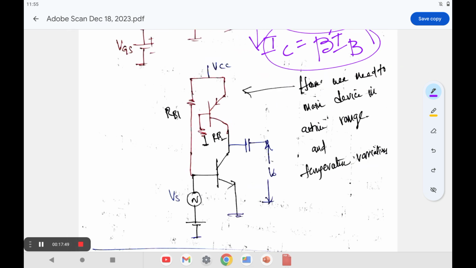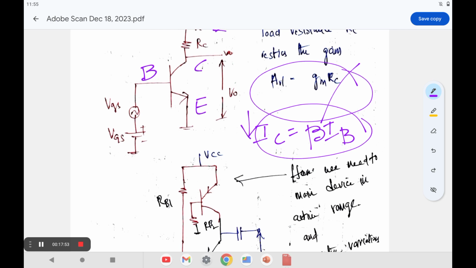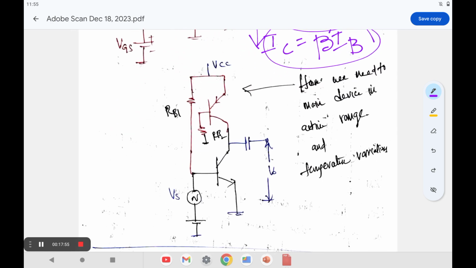So for that purpose, I have to change the corresponding resistance value, the RC value, with an active element. That passive element can be replaced with an active device here. But the problem is that if you are replacing the passive element with an active element, this active element is also biased with RB2.